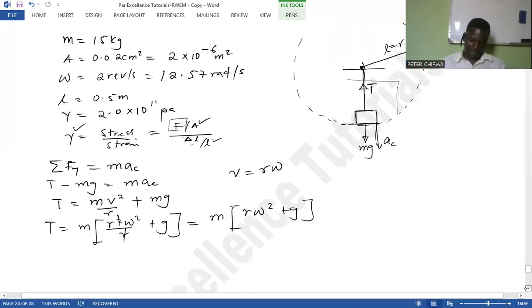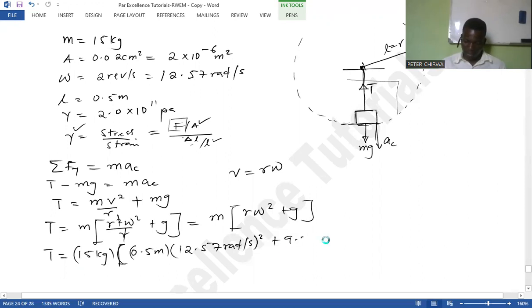So let's find the tension. Tension here is going to be mass 15 kg, the radius 0.5 meters, and the angular speed 12.57 rad per second squared, plus 9.8 meter per square second.